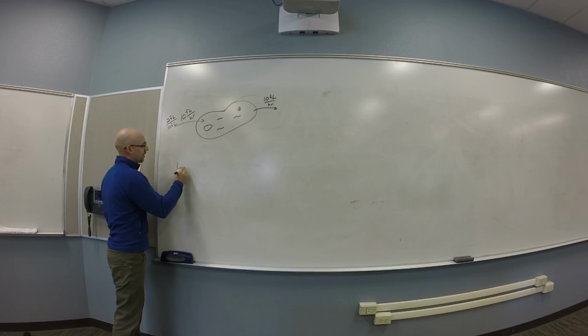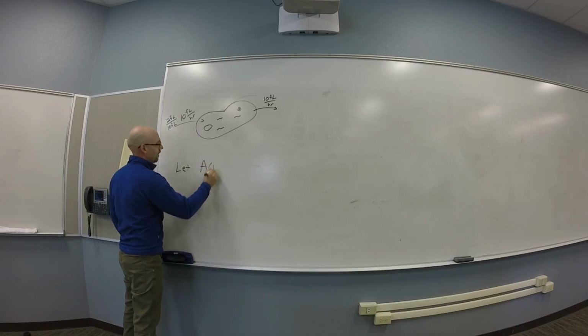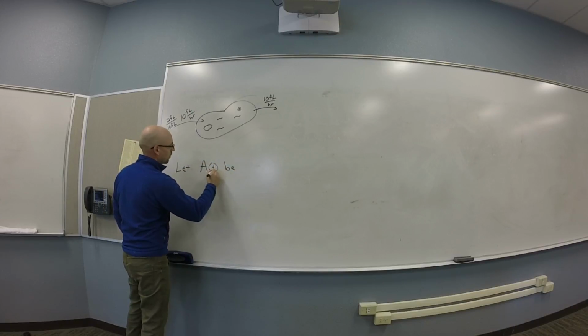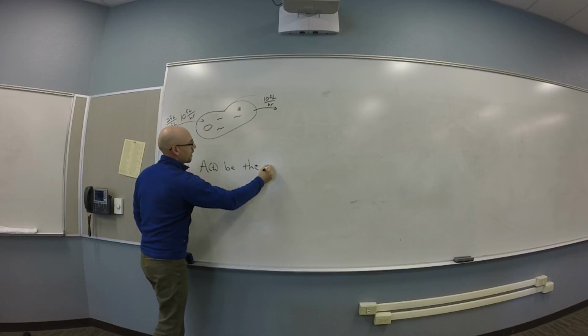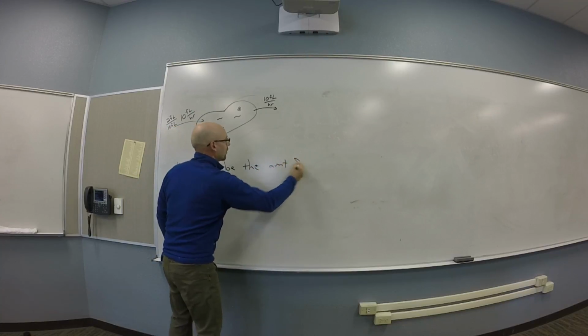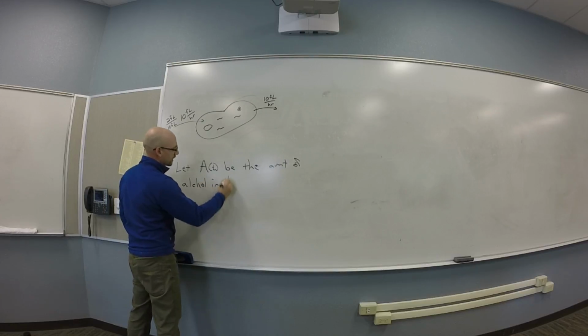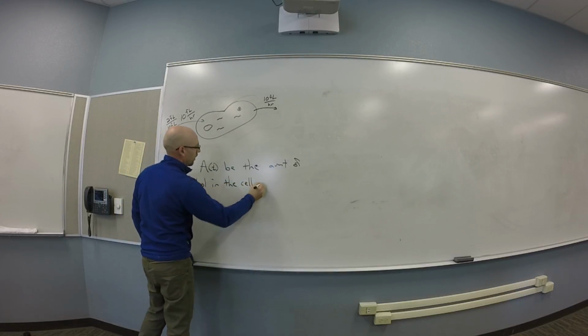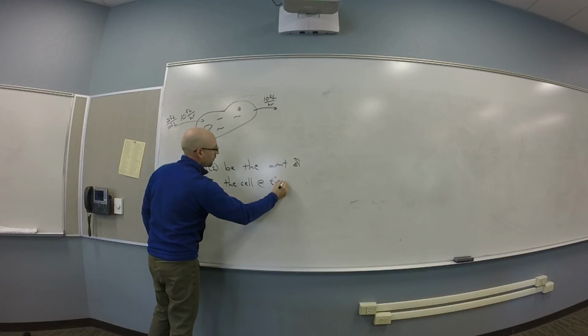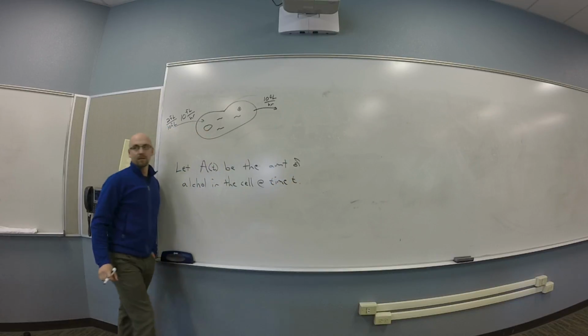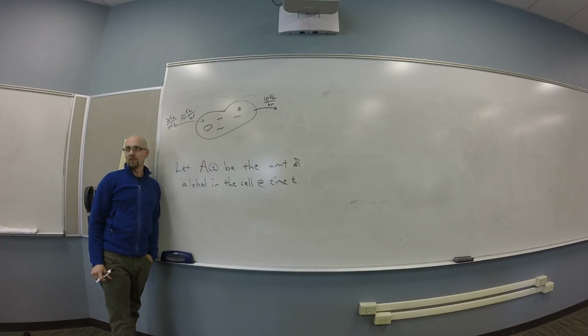So I'm just going to say, all right, let A of t be the amount of alcohol in the cell at time t. So this is just me saying, I'm not modeling a concentration. Cool.